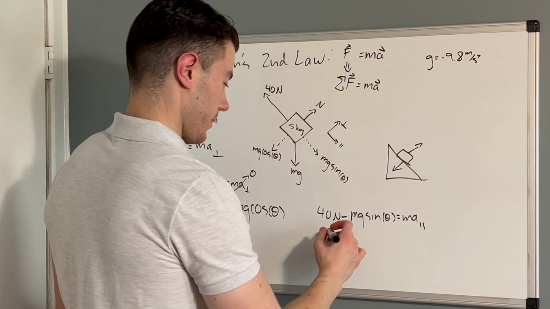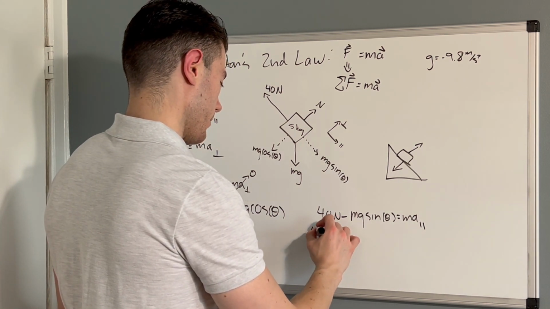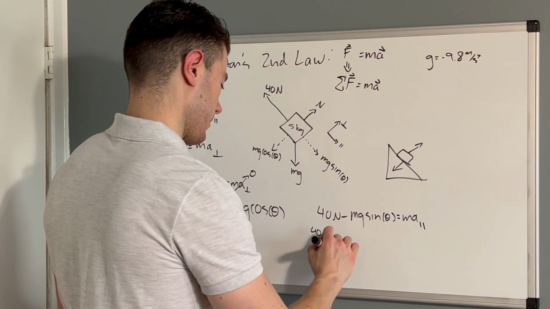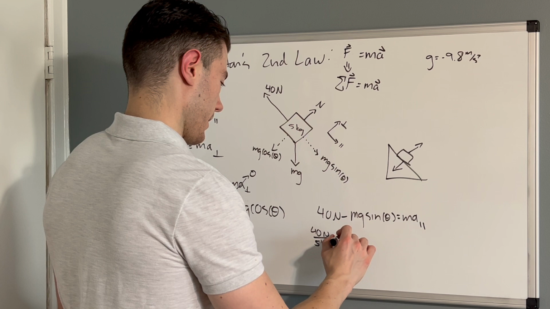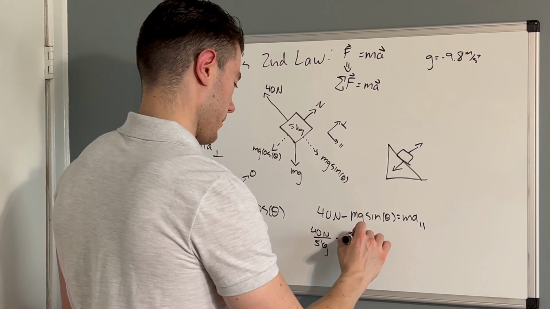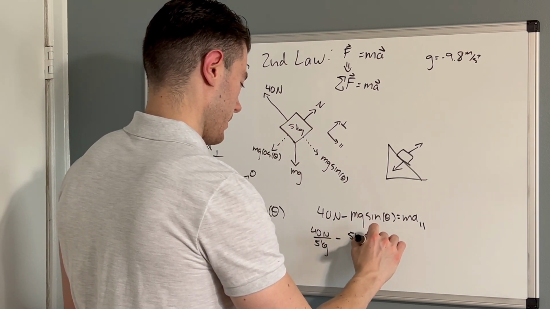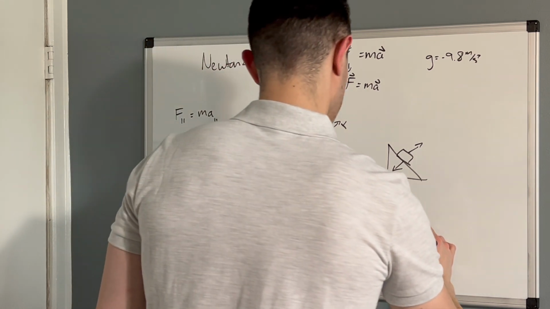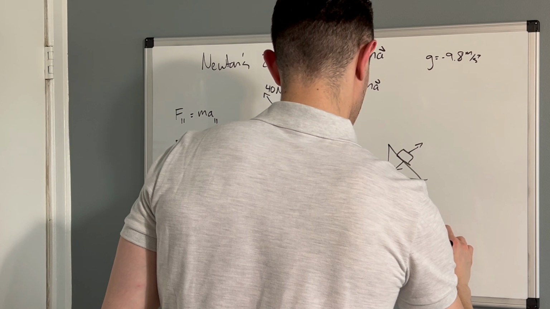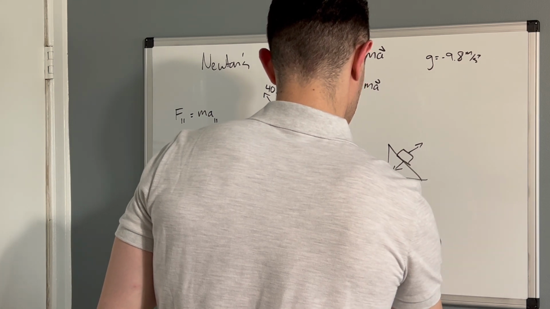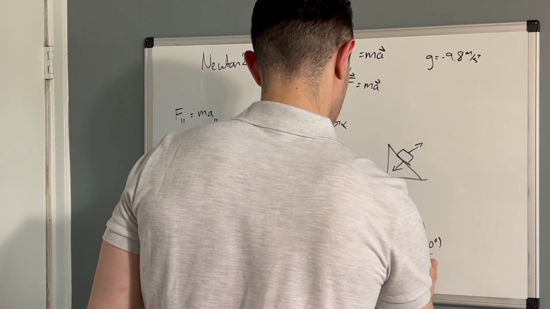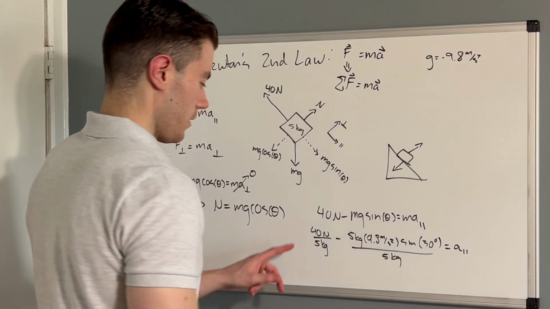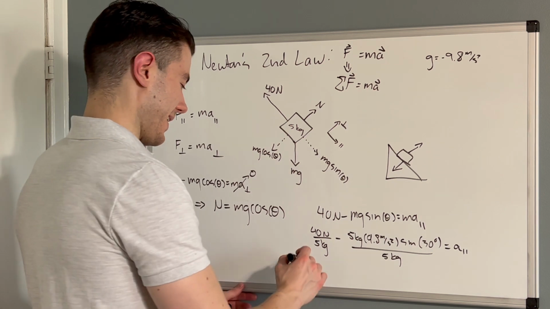Let's divide both sides by m. 40 newtons divided by 5 kilograms minus 5 kilograms times 9.8 meters per second squared times sine 30 degrees divided by 5 kilograms is equal to a parallel. 40 divided by 5 is 8.